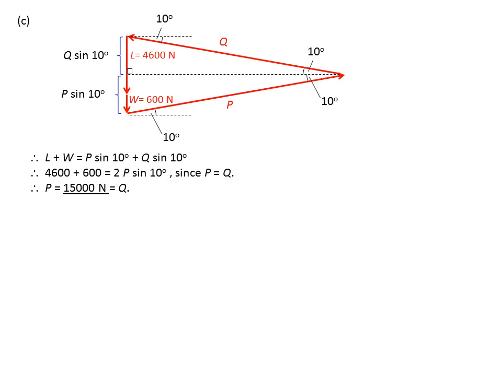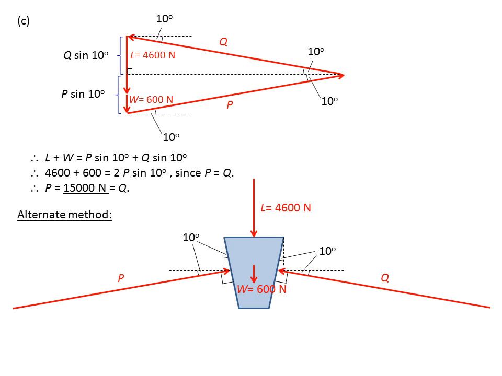There is actually a more direct way of doing this calculation. So let's show that alternate method. We look at the original force diagram. We notice that the keystone is in equilibrium, therefore the resultant vertical force must be 0. L and W are both purely vertical forces, and you notice that P and Q both have vertical components.